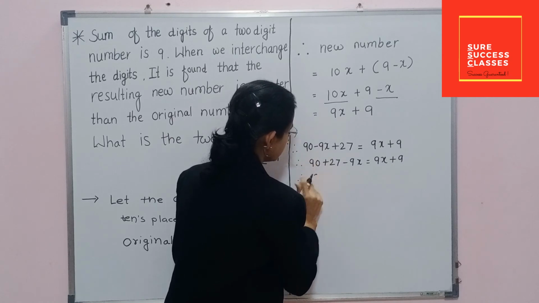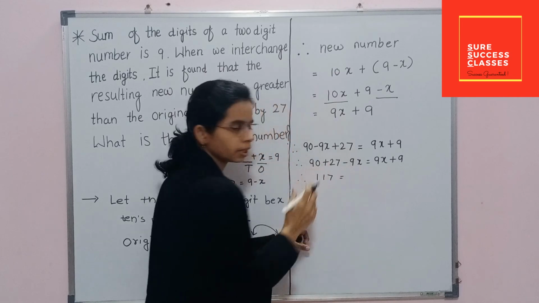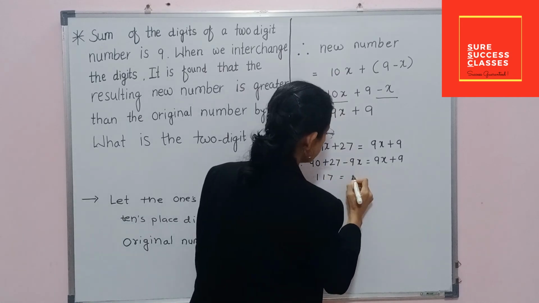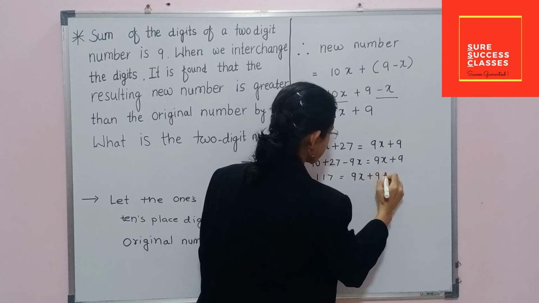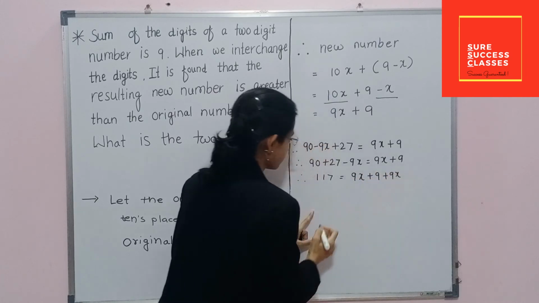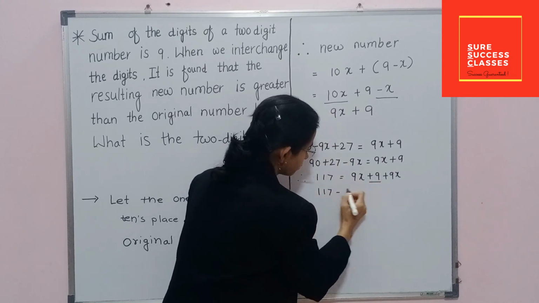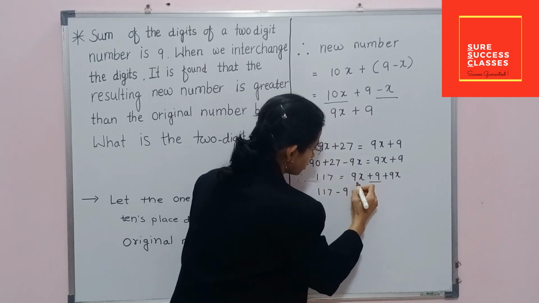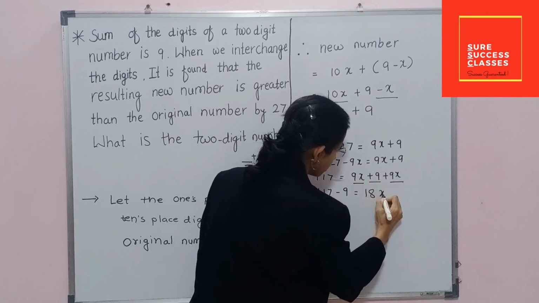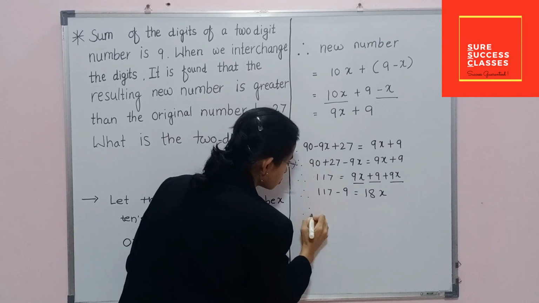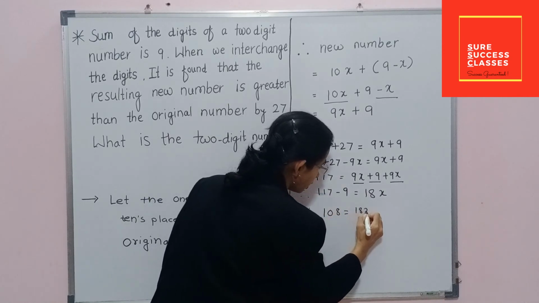Then this is 117. We will put this minus 9x to this side. It will become plus 9x. 117, this will become minus 9. This 9x and this 9x will become 18x. So 108 is equal to 18x.